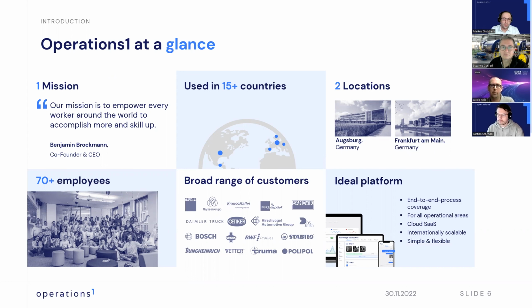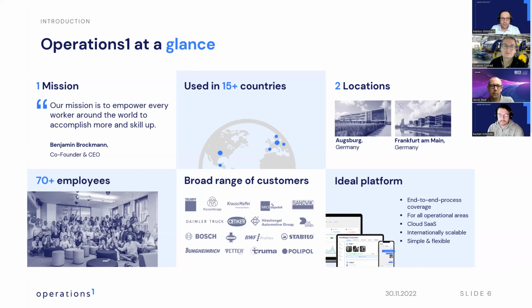But above all, its strength is that Operations One is an easy to use and flexible connected worker platform that enables the customer to really use the software across multiple plants globally, to scale up very easily and to create benefits not just in one area, but for a whole company.